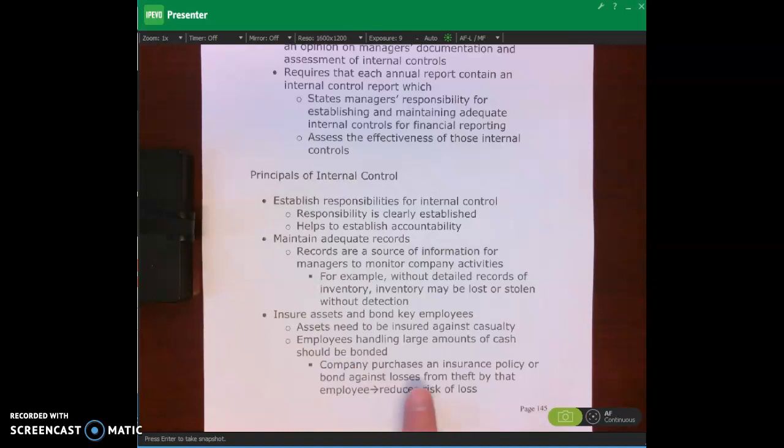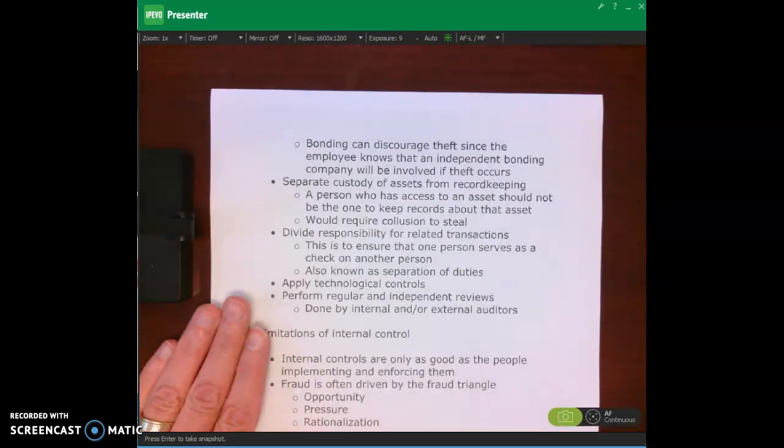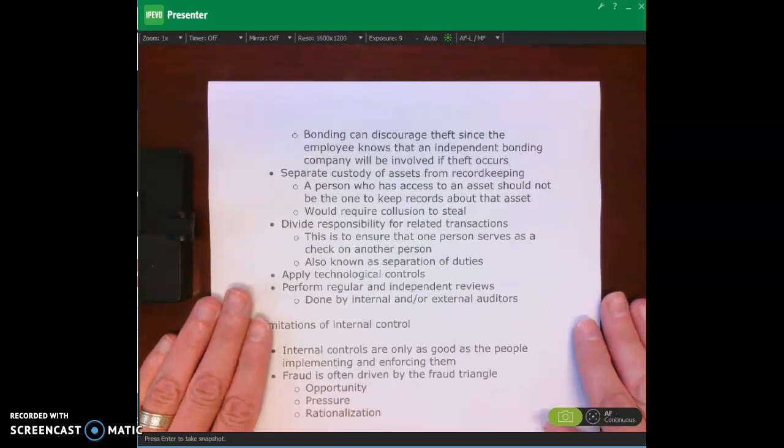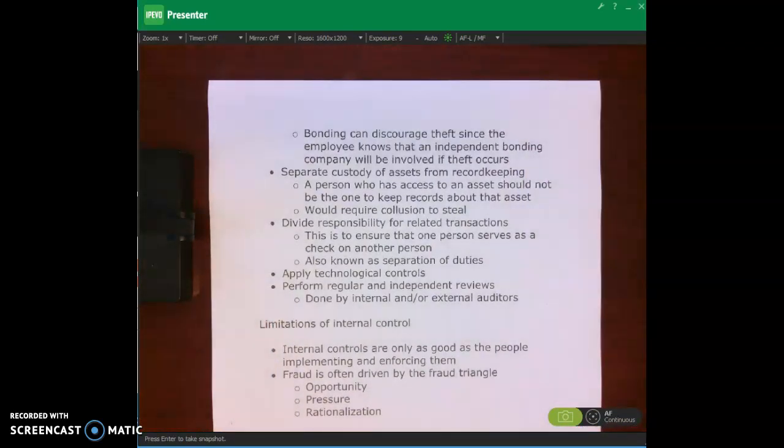They should be bonded. The company, or in the case of our church, they purchase an insurance policy or bond against losses from theft. It reduces that risk of loss. Okay? And that's what I'm saying over here. Bonding can discourage theft, so the employee knows that an independent bonding company will be involved if theft occurs.